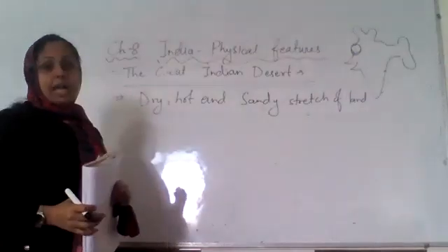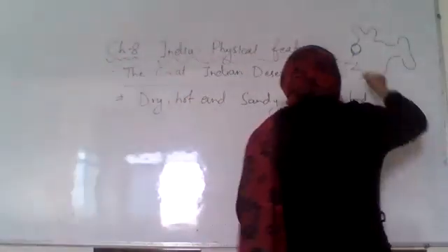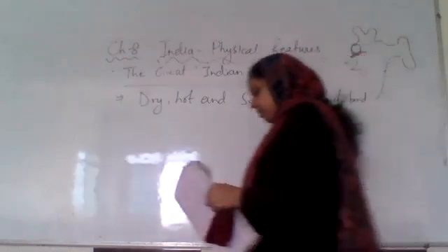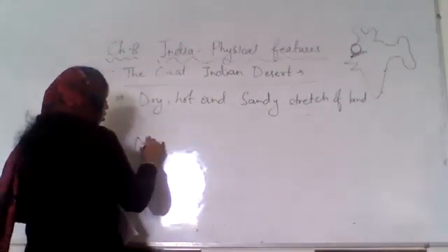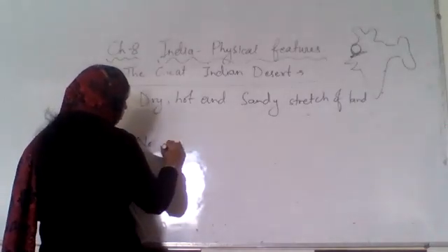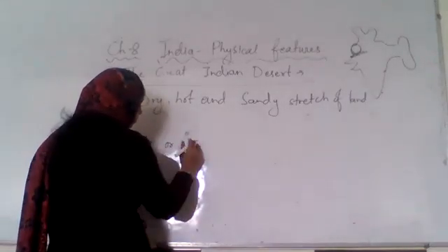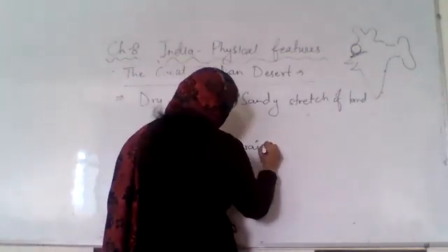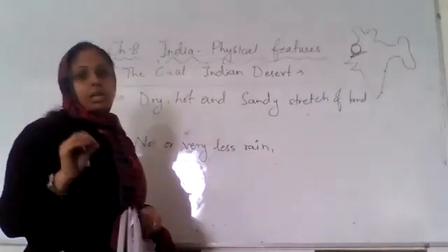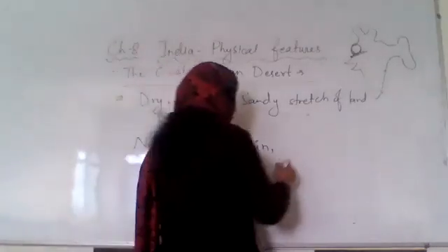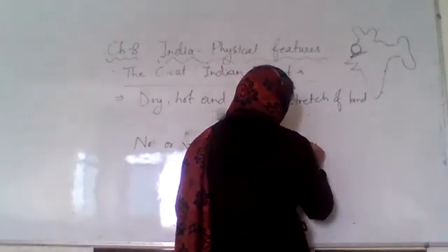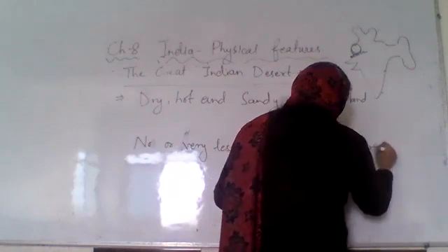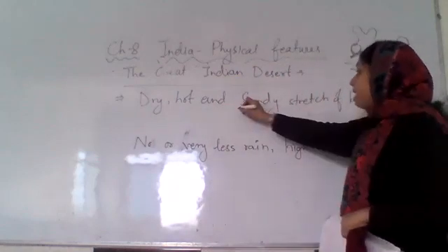Understood? So why this area remains hot? Because it has no or very less rain. Because of very less or no rain, this area has high temperature. Also, this area has sand.